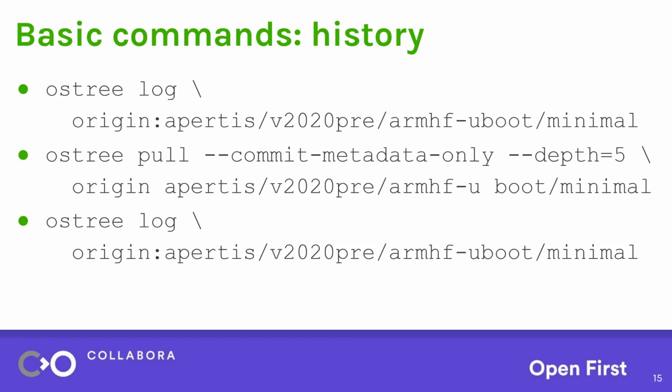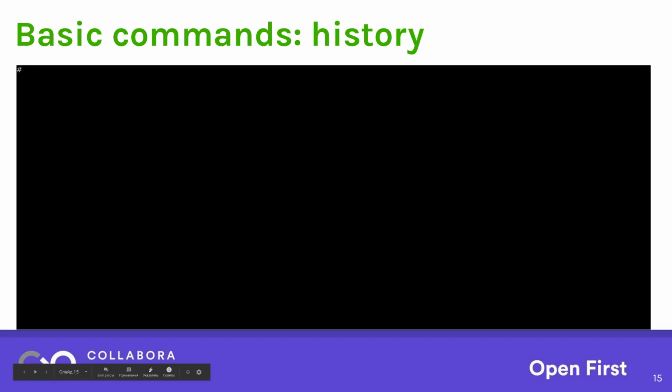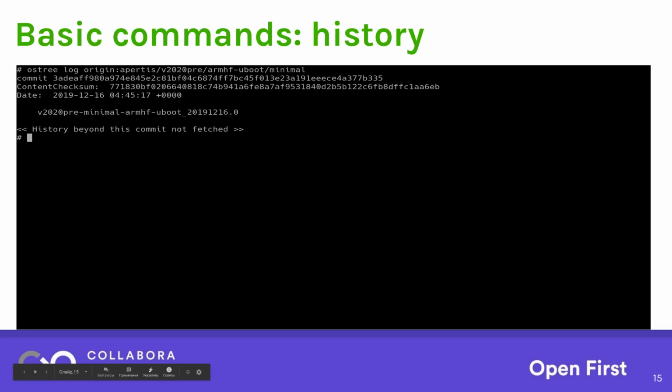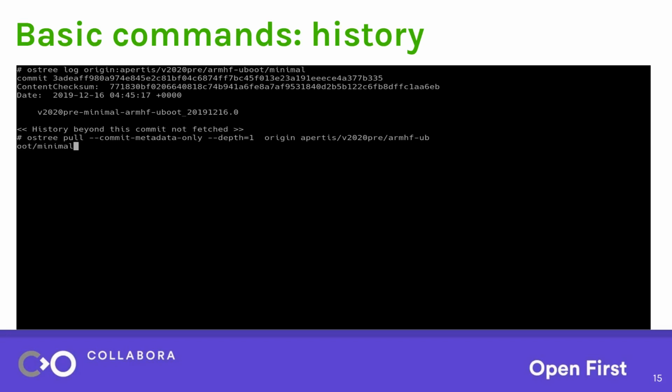Sometimes it is needed to check the history, for example, to check which changes are in this commit, or when this commit was built, and other information. Unfortunately, the ostree log command shows only locally available history. So that's why it shows only a single commit in my history. But the history is available on the server side, so we have to download it.